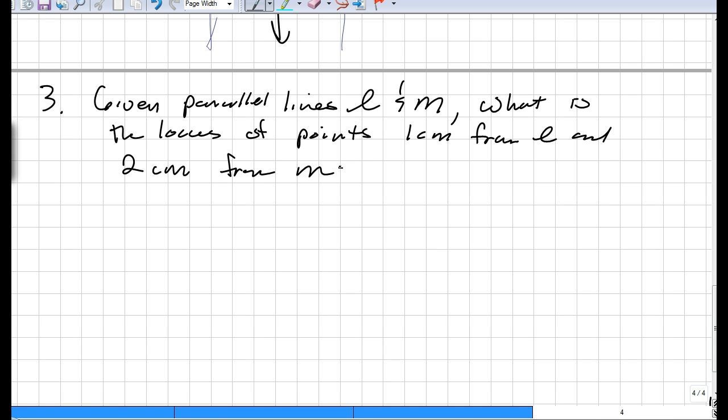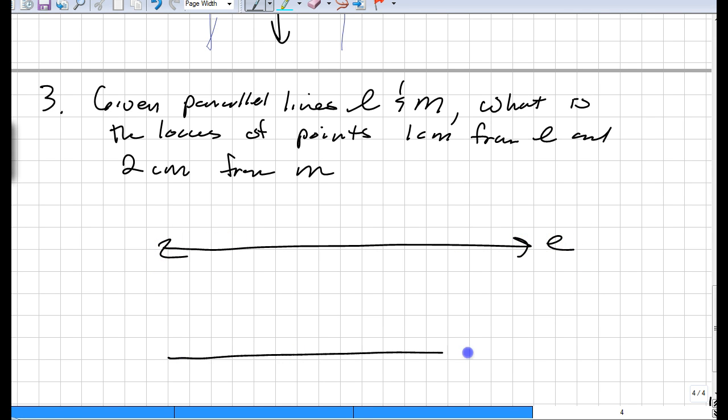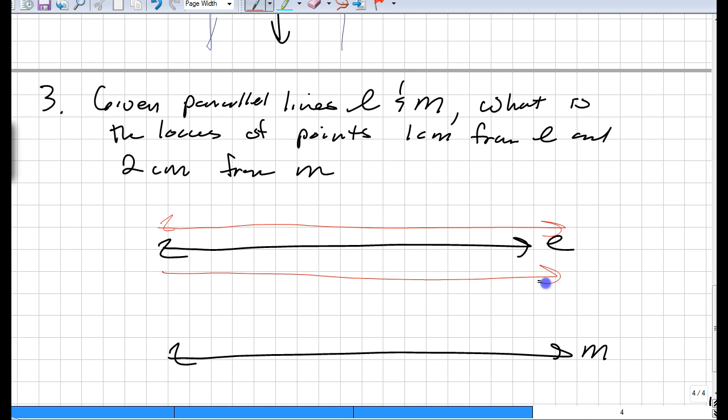Okay, so again, we kind of have the same situation that we had with the circles in example 1. So we know that L and M are parallel, but we don't know how close or far apart they are from each other. So 1 centimeter from L would be these red lines, and 2 centimeters from M would be these blue lines.